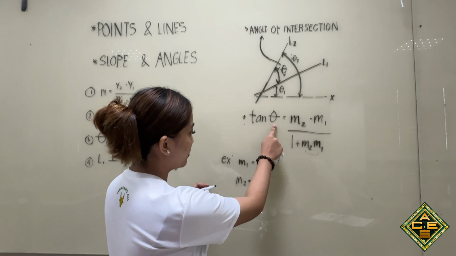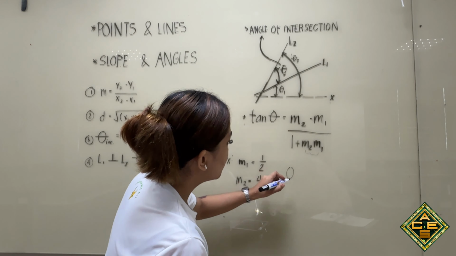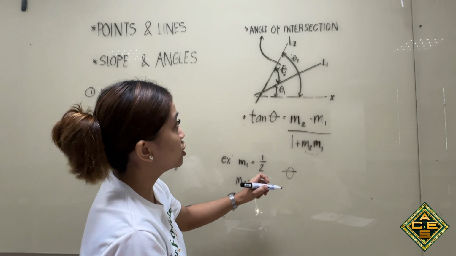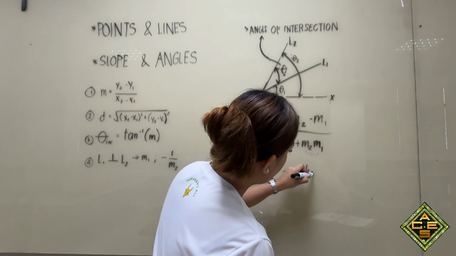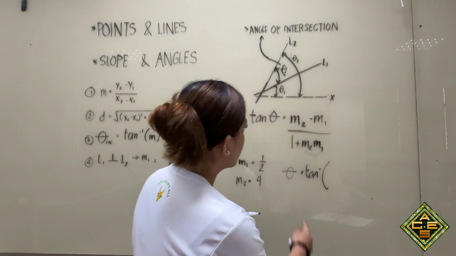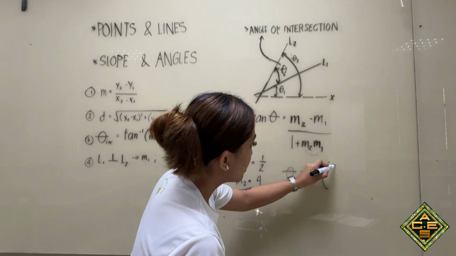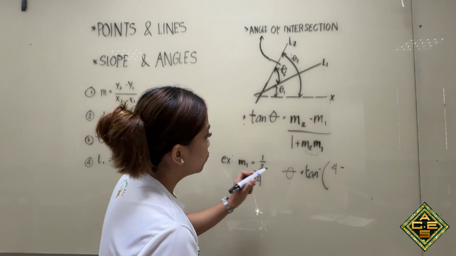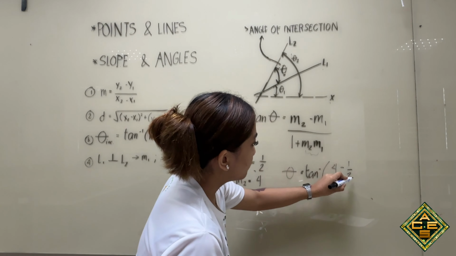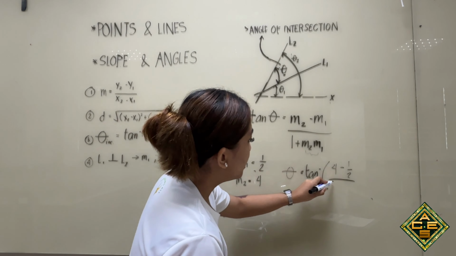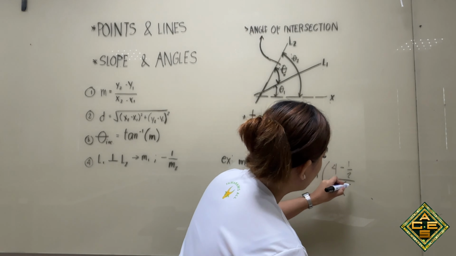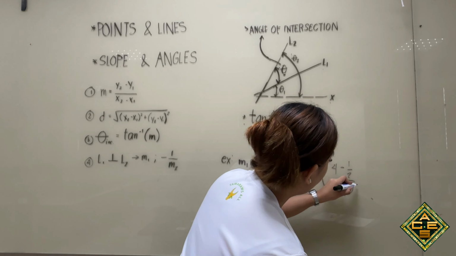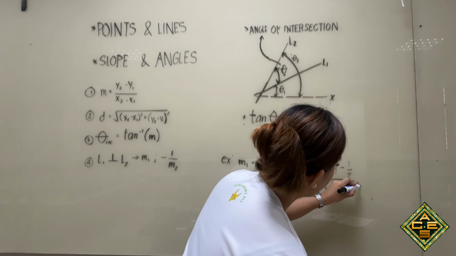So using this formula, let's plug it in. So we have theta, which is the angle of intersection, equals the inverse tangent of, so we have the second slope 4, minus 1/2 all over 1 plus the product of 1/2 and 4. So we multiply 1/2 and 4.